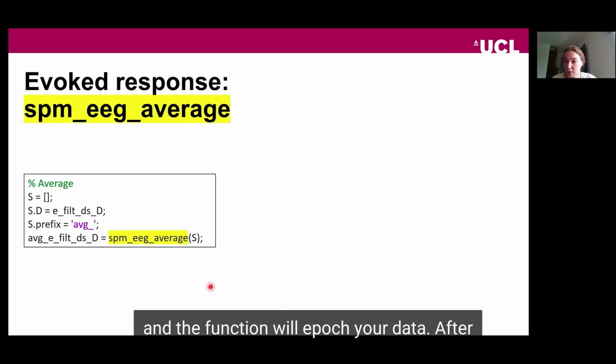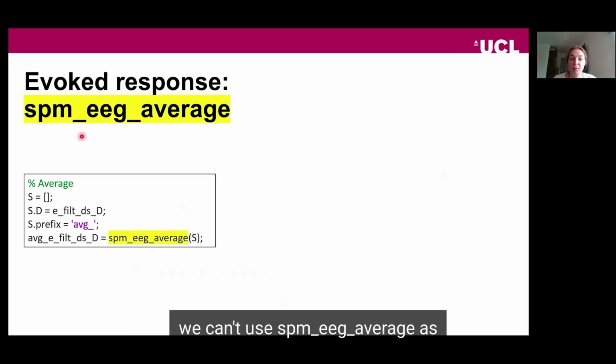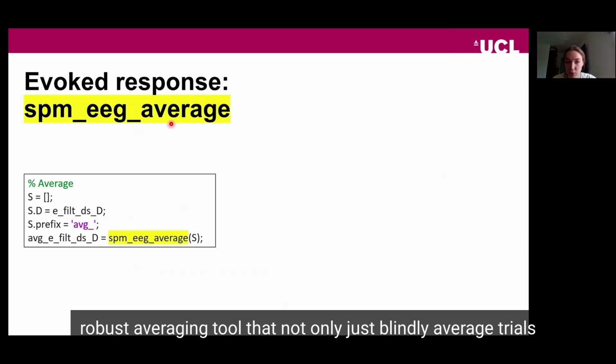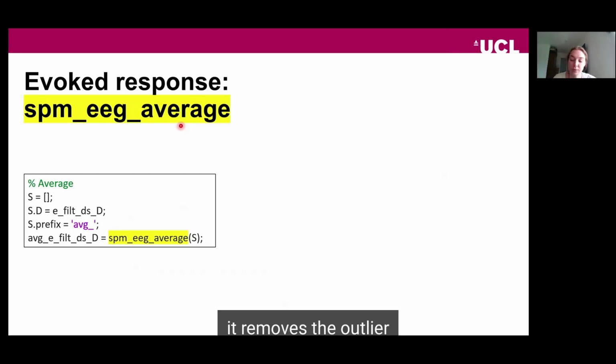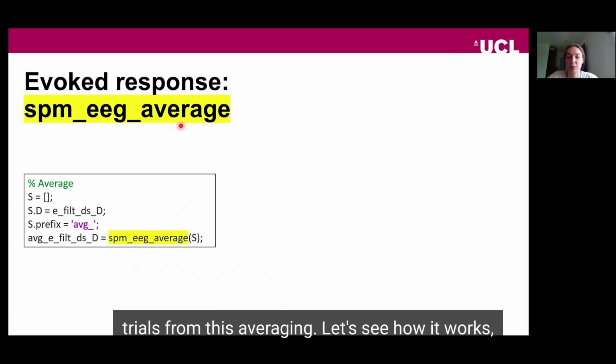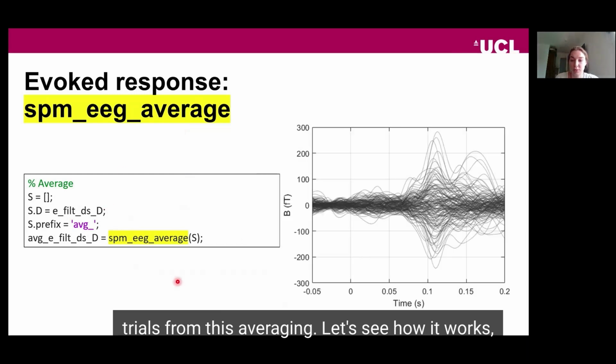After epoching your data, we can use SPM EEG average as a robust averaging tool that doesn't just blindly average, but removes outlying trials from the averaging. Let's see how it works.